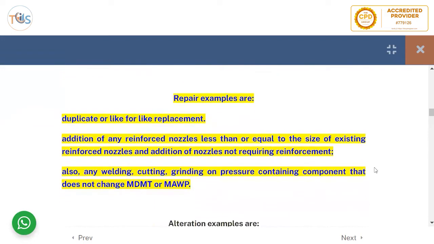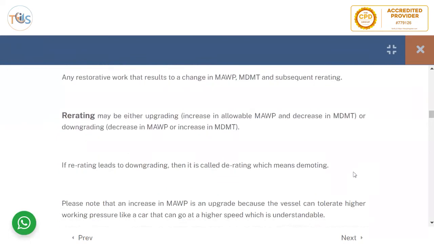Now, repair examples are like for like or duplicate replacement, addition of any reinforced nozzles less than or equal to the size of existing nozzles, any nozzle that does not need reinforcement, or any welding, cutting, grinding on pressure containing components that does not change the integrity operating window, such as MDMT or maximum allowable working pressure.